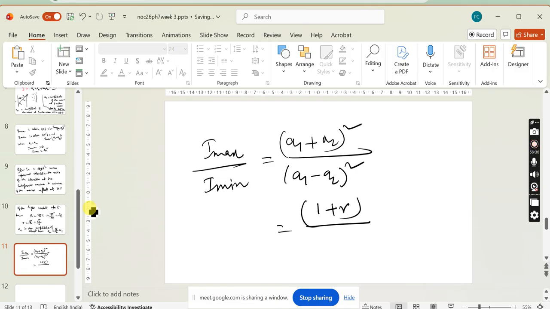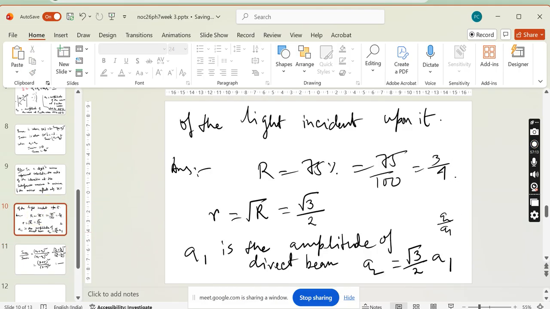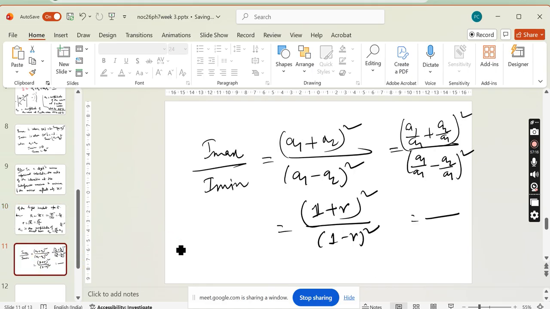That can be written as (1 plus R) whole square by (1 minus R) whole square, since A2 by A1 is basically R. So we get (1 plus root 3 by 2) whole square over (1 minus root 3 by 2) whole square.